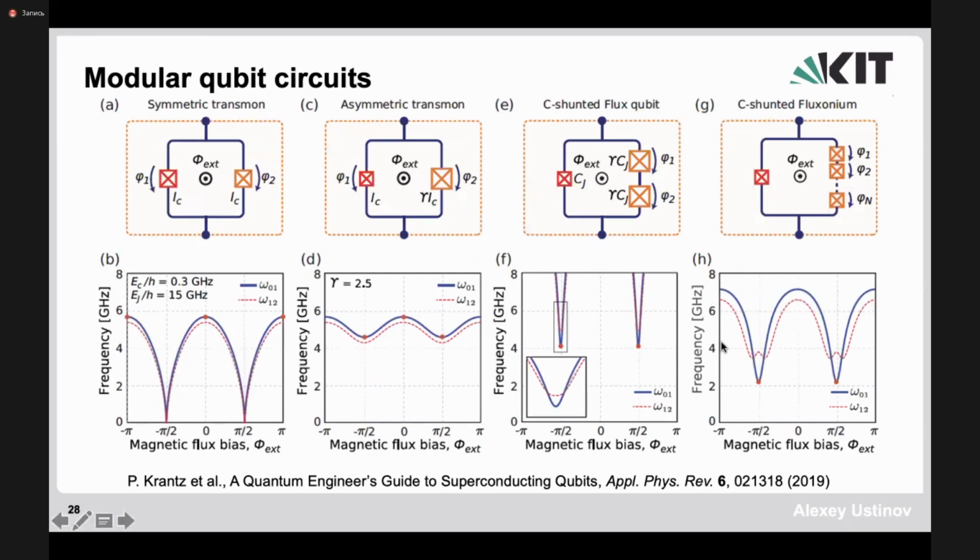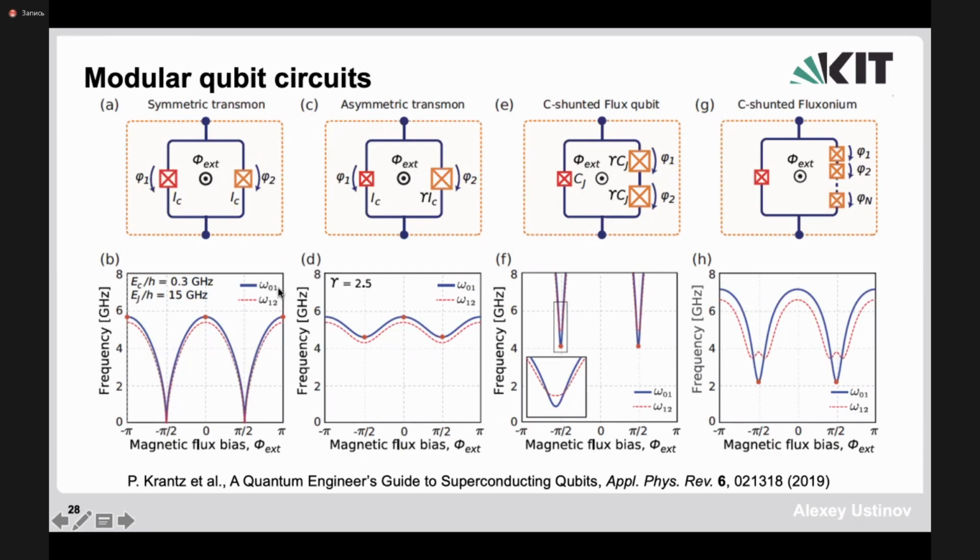Now, let's look from a bit more general perspective at the fluxonium qubit. If we start from a transmon qubit, what we have typically is a tunable Josephson junction which has a SQUID, and the junction then has energy levels 0, 1, with the transition 0-1 being slightly larger than the transition between 1 and 2. And here on the left plot, you see the picture for a symmetric transmon, where you have two identical Josephson junctions.